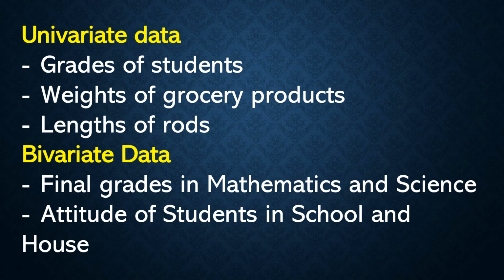However, examples of bivariate data are final grades in mathematics and science, attitude of students in school, and house. Univariate data deals with only one variable, while bivariate data deals with two variables.